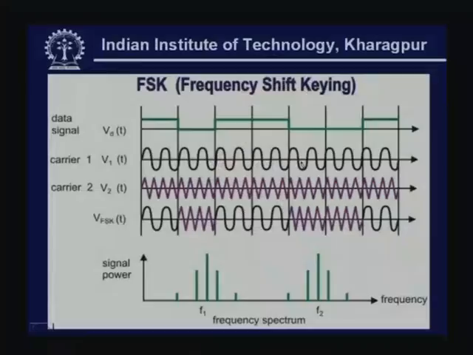So, here is an example of how exactly it happens. We find that here is your data 1 0 1 1 0 0 1, and this is one carrier with frequency Fc1, and this corresponds to carrier Fc2. So, you see whenever it is 1, we are sending the carrier Fc1, and whenever it is 0, we are sending the carrier Fc2.